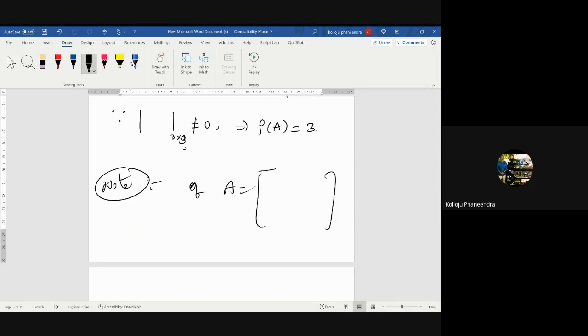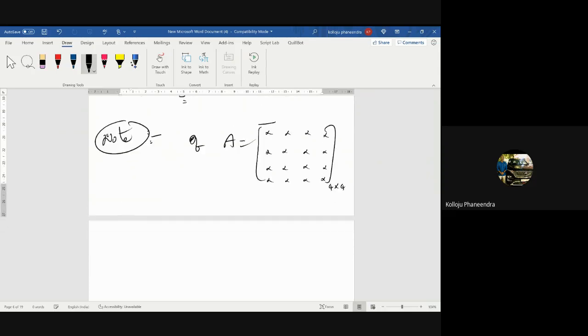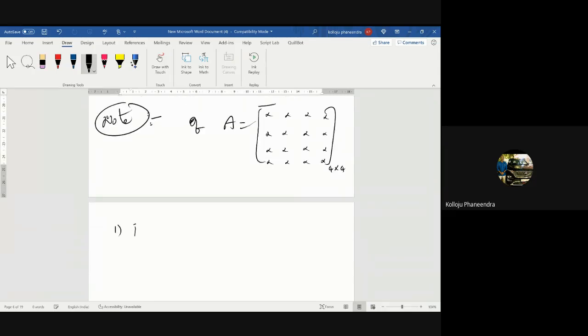For example, let me consider a 4 by 4 matrix. I'm not listing the elements. Randomly, I'm taking. First, what we have to do? First step, find the determinant of A, 4 by 4. Right? Square matrix.